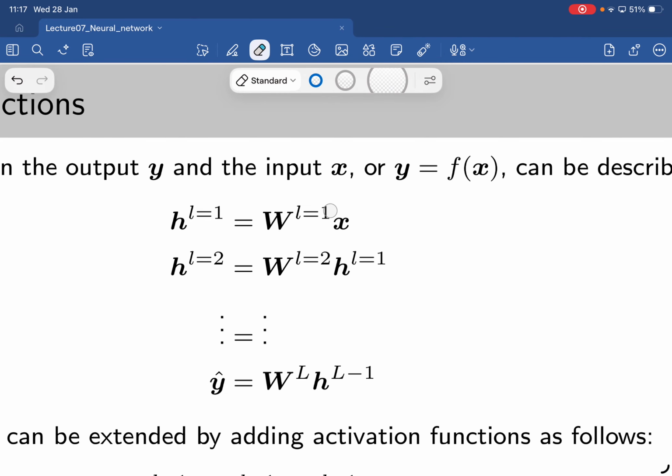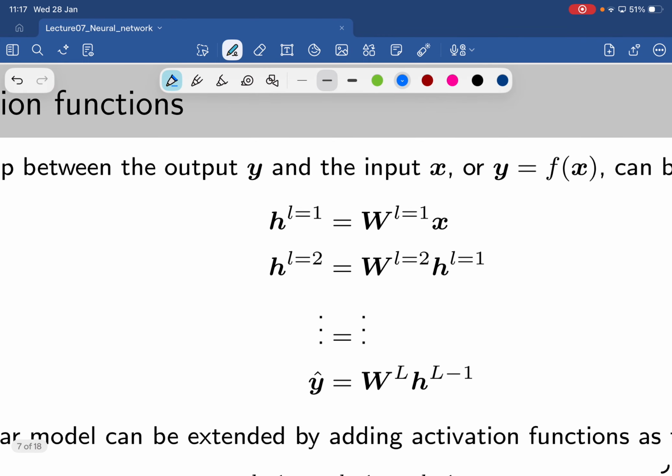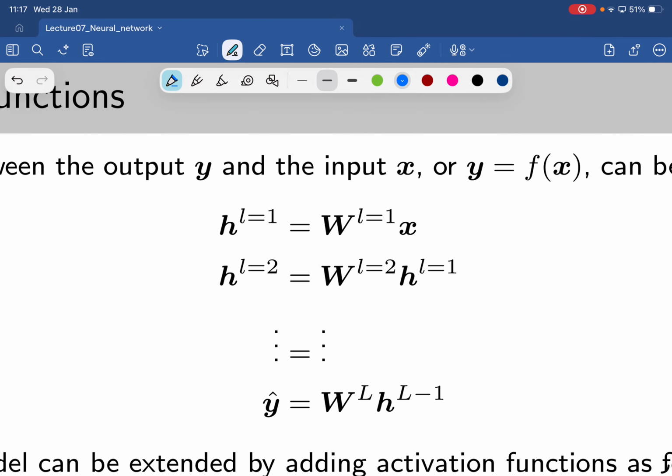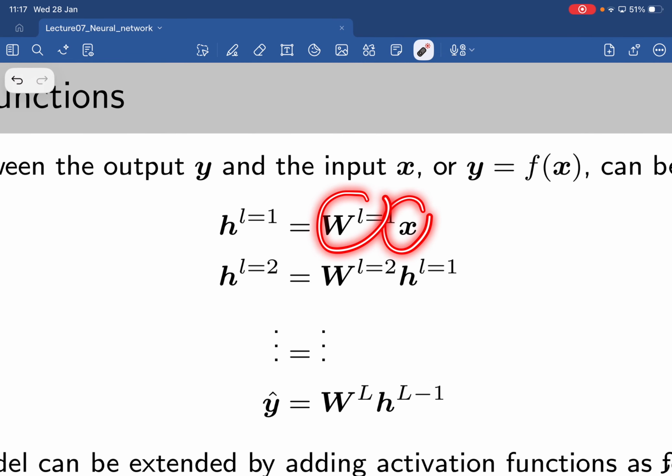If you multiply it with a weight, you get a result. Let's denote the result of your first weight multiplication as h superscript l equal to 1. The weight could be a matrix multiplication with x, where x is a vector and this one is a matrix, and the first weight matrix is W superscript 1.